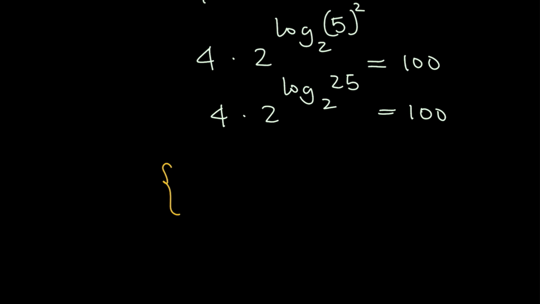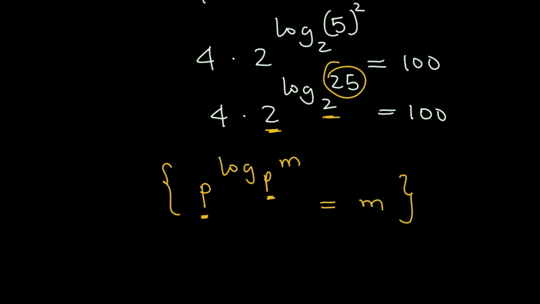In logarithm, given p raised to power log m base p, as long as this p and this p are the same, the result is always m. Therefore, we have 2 here, 2 here, the result will be 25. So we would have 4 times 25 is equal to 100.